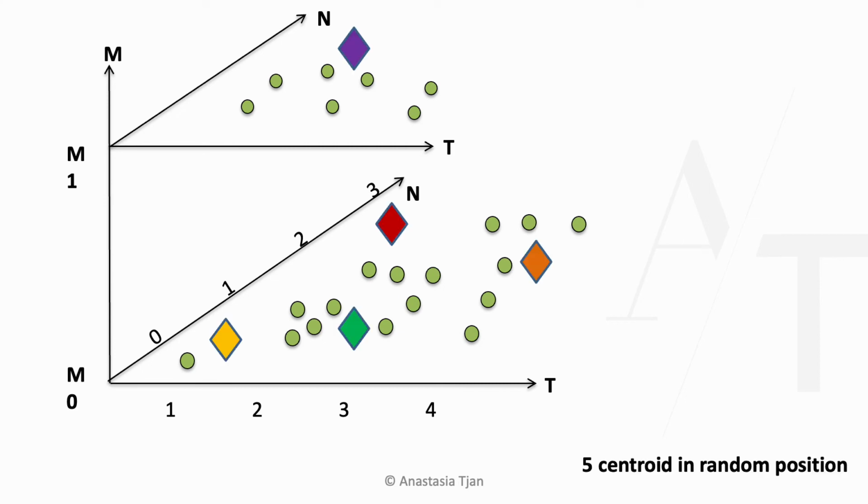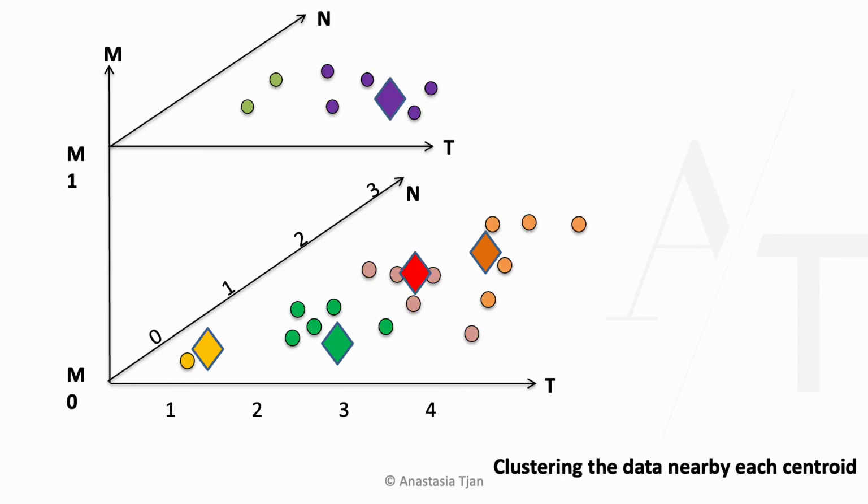There are 5 centroids randomly placed among the data to make the cluster. Each dot nearby each centroid will be clustered and turn the dot's color into the centroid color. Then the centroid will move to the center of each cluster. Reclustering occurs until the best fit selection is made.